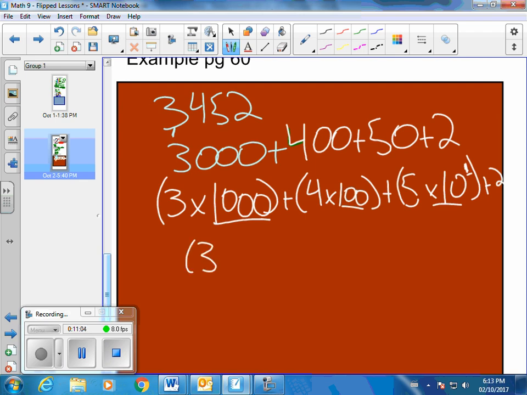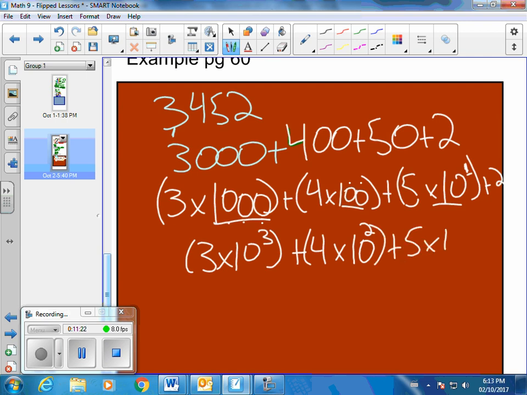I can rewrite this as 3 times 10 to the 3 plus 4 times 10 to the 2 plus 5 times 10 to the 1 plus 2. So that's how we can take a number and break it down into standard form.